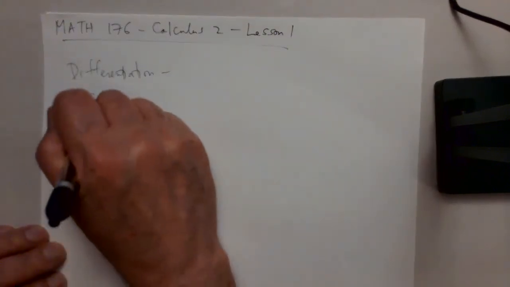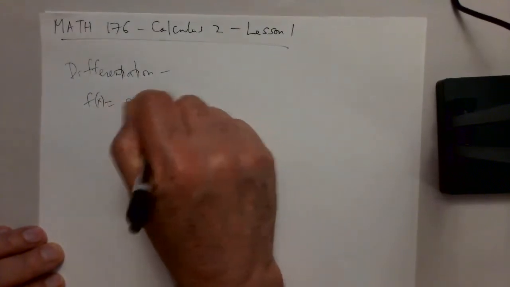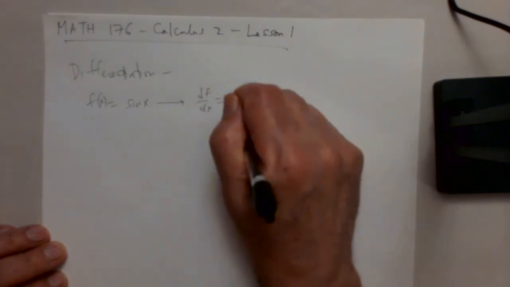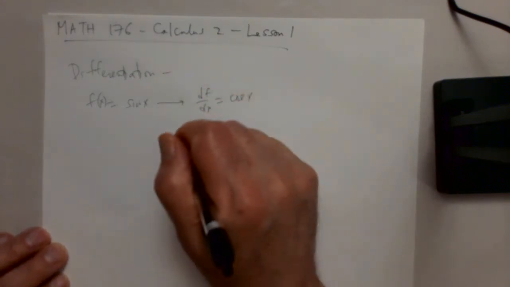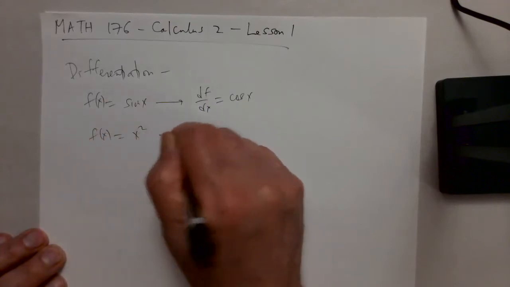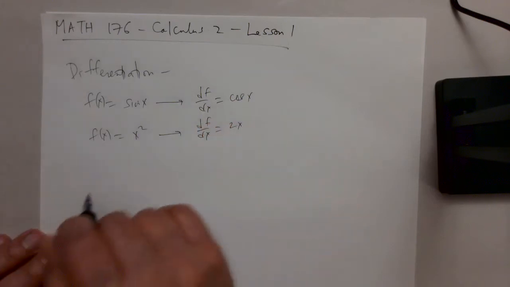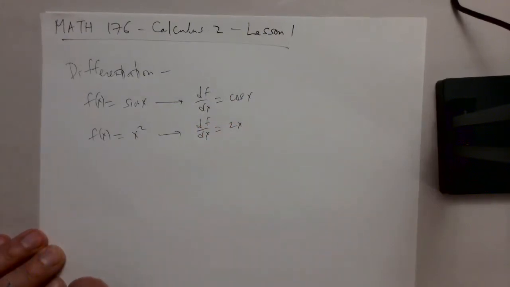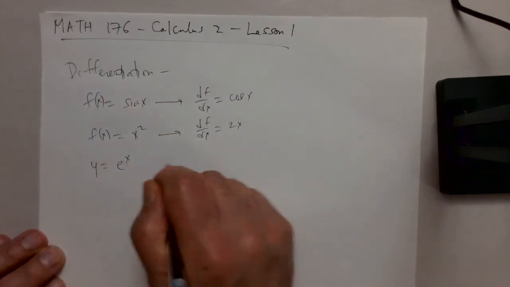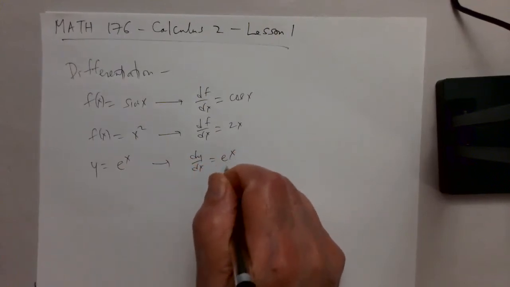So if you have a function f of x equal to sine of x, then the derivative is cosine x. If f of x is x squared, then the derivative is 2x. There are alternate notations that you can use for a function. If y is e to the x, dy dx is e to the x.